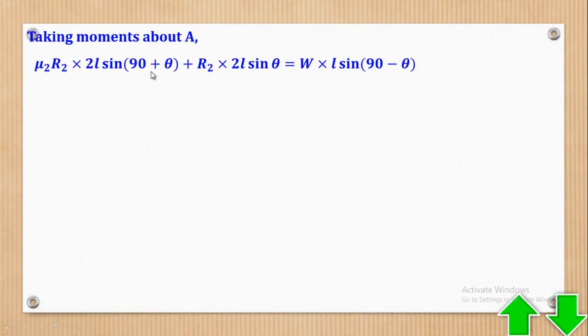So we have got this one. Now let's go to this, and remember the moment is also required. Remember, we have clockwise moment equal to anticlockwise moment.